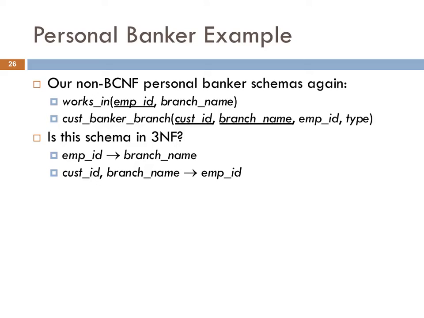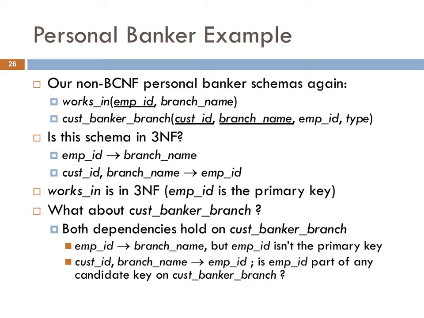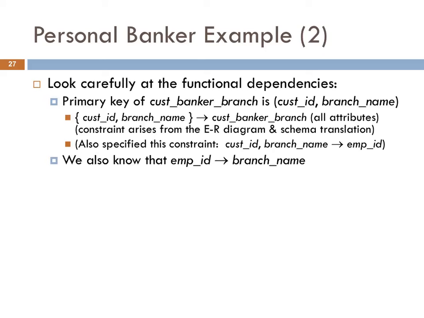And again, I'll give you the punchline because we're out of time. Yes. How do we know? Donnie's favorite rule of inference, pseudo-transitivity. We have employee ID functionally determines branch name, customer ID branch name functionally determines everything, because that's on customer-banker-branch. So let me just go ahead and throw this up here quickly.